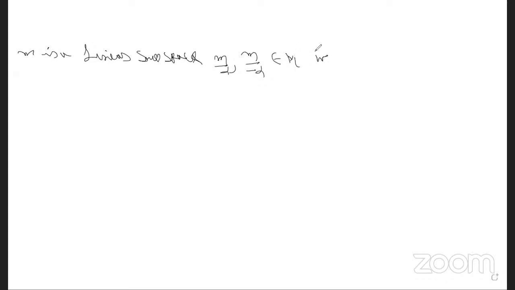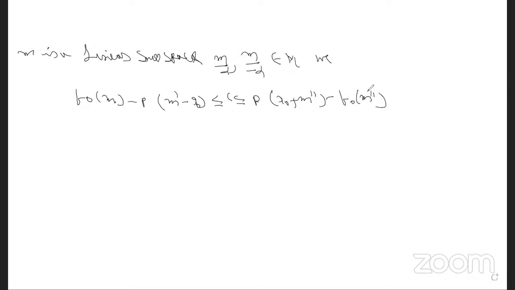So we have f naught m minus p of m dash minus x naught less than or equal to c less than or equal to p of x naught plus m double dash minus f naught m double dash, for all m dash, m double dash belonging to capital M.